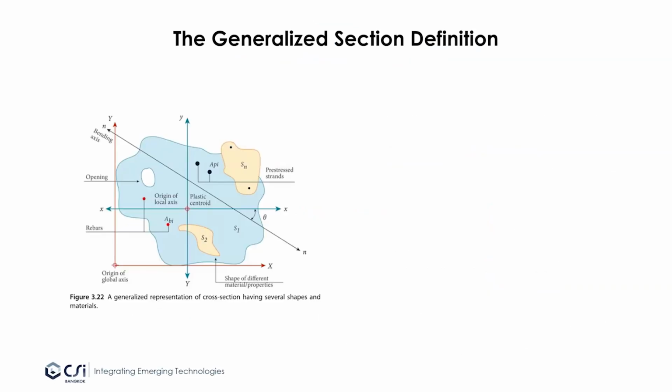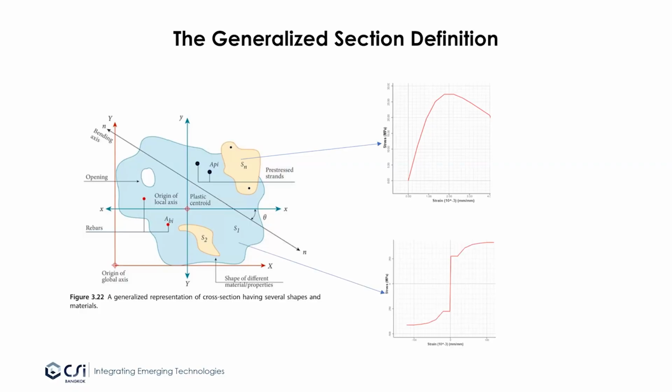This is where things get interesting, which is, I think, quite unique to the program that we're talking about. When we talk about a general cross section, we define the cross section to be of a very general form, a cross section made of general zones, each zone having its own material or properties, and each material is simply defined by a stress-strain curve.